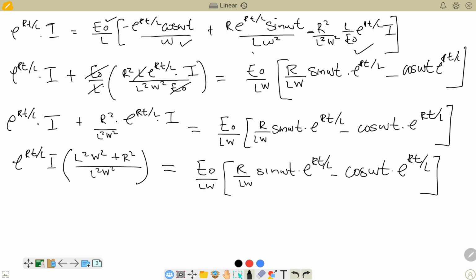So we know that mostly when we are working with integrating factor, we say integrating factor times y equals the integral of Q(x) times the integrating factor dx. Then we solve this, then perhaps we'll get the answer.